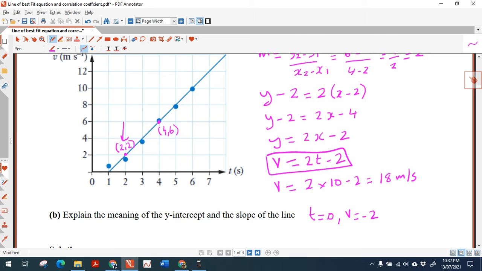So if we were to explain what the y-intercept means, so this is my y-intercept here, -2. The y-intercept is the initial velocity. Okay, so I'm going to write that down there. Y-intercept is the initial velocity.